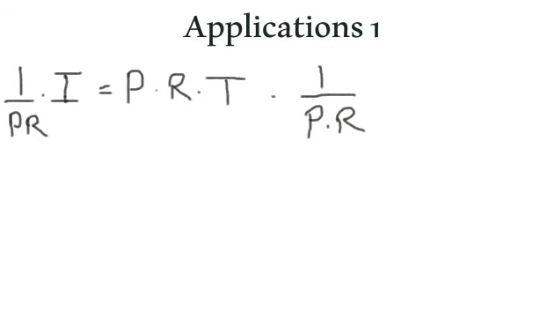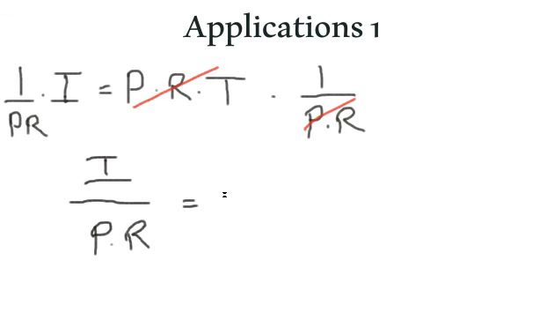So as you can see, those cancel out, right? And so we're left with I over p times r is equal to t.